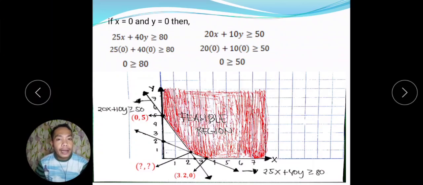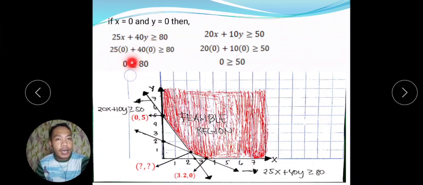we will have 25x plus 40y greater than or equal to 80. So, we will plug in the values of x and y, which is 0. So 25 times 0 plus 40 times 0 is greater than or equal to 80. So 0 is greater than or equal to 80. Is it correct? Is 0 greater than or equal to 80? Of course not.